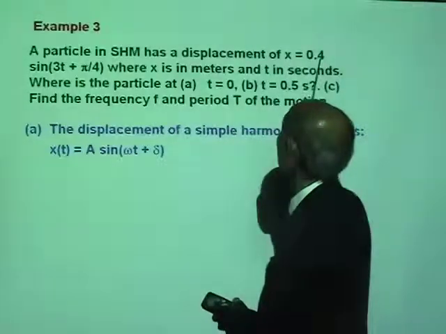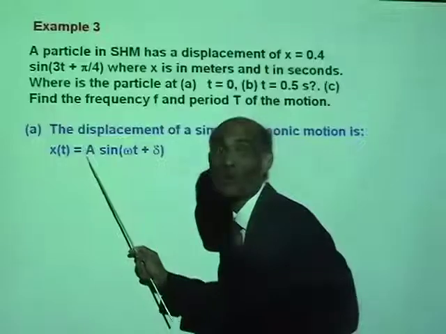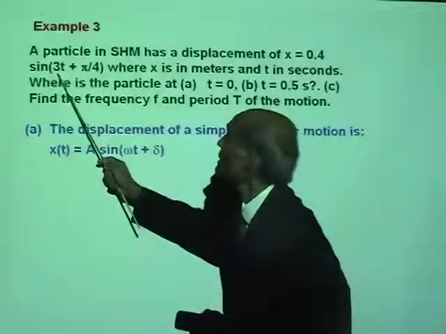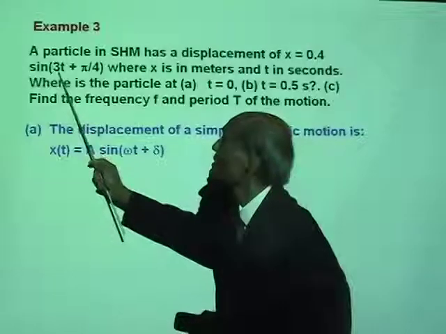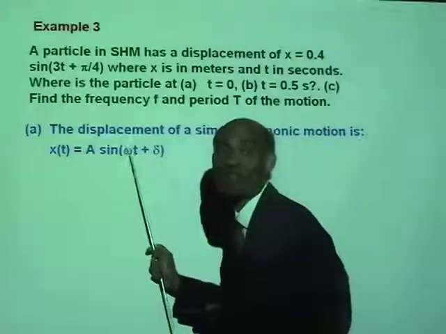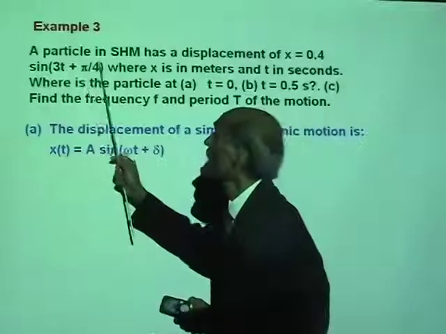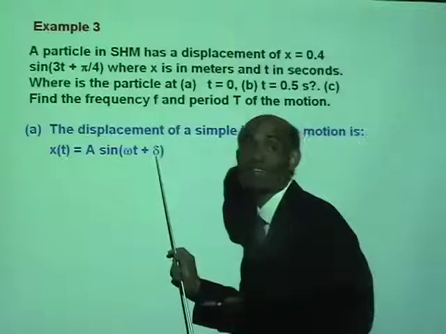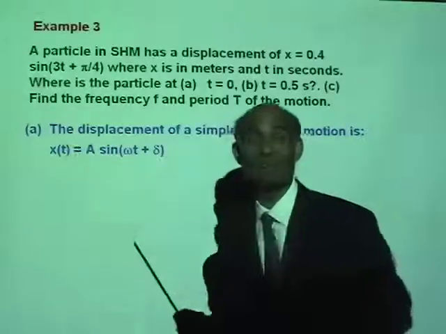x equal to 0.4 sine(3t plus pi by 4). So, what is the value of A, the amplitude? It's 0.4. 3t, what does that 3 stand for? 3 is your omega. What does pi by 4 represent? Delta, the phase angle.